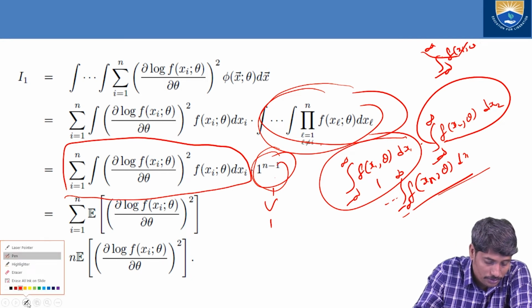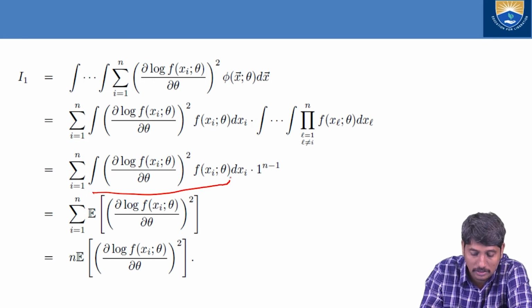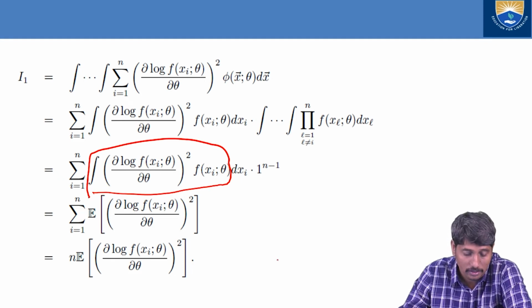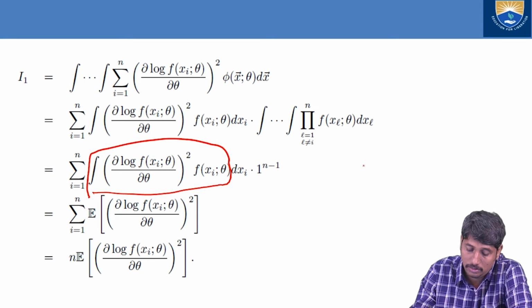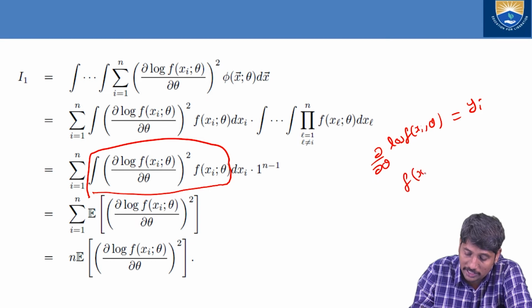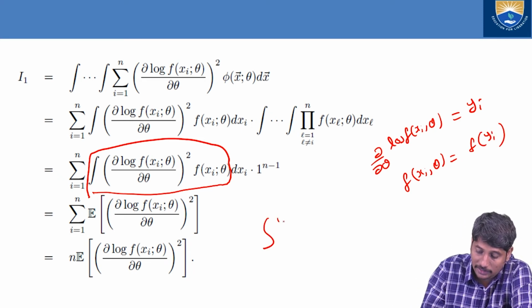Now, my question is, just look at this thing only. It looks like, if you treat ∂/∂θ of log f(xi, θ) as yi, and if you name f(xi, θ) as f(yi), then it would be like the integral of yi f(yi) dy from minus infinity to infinity.